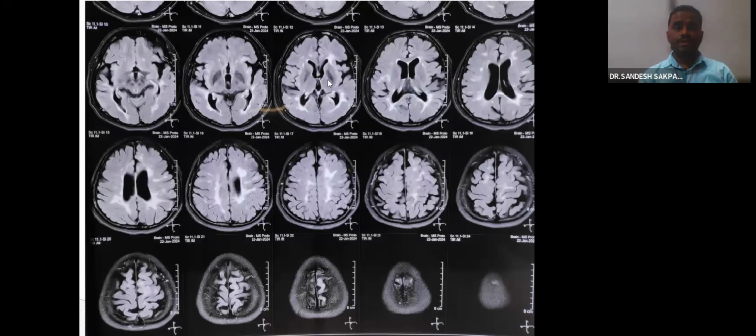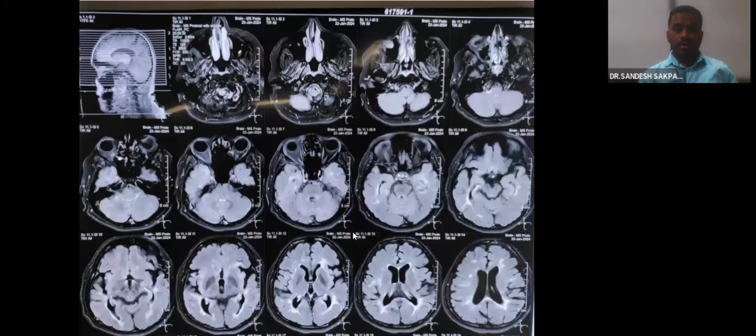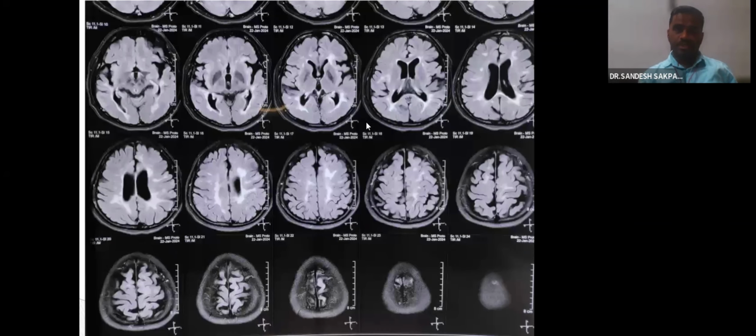Here I can see the caudate, the globus pallidus, and the thalamus, and this is the insular cortex. These are the basal ganglia structures. I can see the hyperintense structures in the white matter. This is the white matter because outside we have gray matter, inside we have white matter. So this MRI suggests this patient has white matter plaques, which can be MS, multiple sclerosis, in this patient.